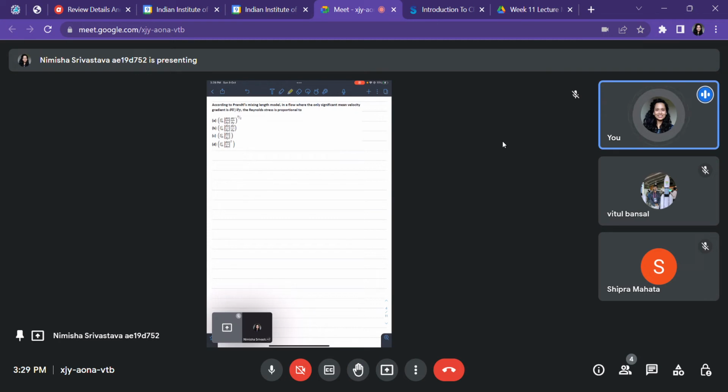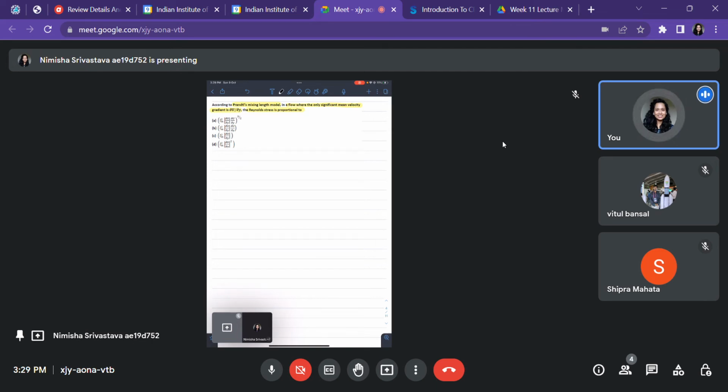According to Prandtl's mixing length model, in a flow where the only significant mean velocity gradient is du by dy, the Reynolds stress is proportional to. So we're talking about the mixing length model. It's a very simple model and something you must have seen in your lectures.